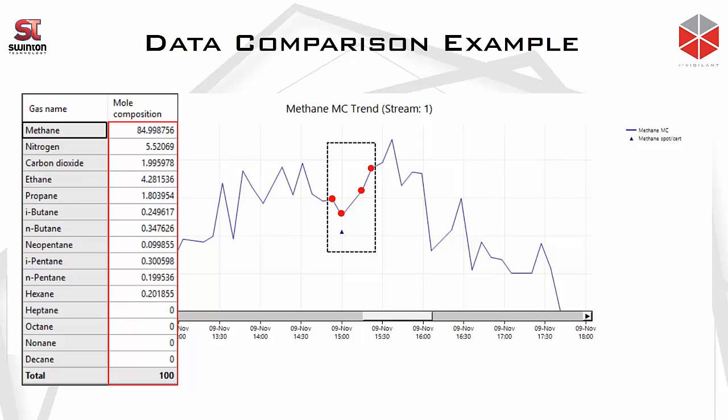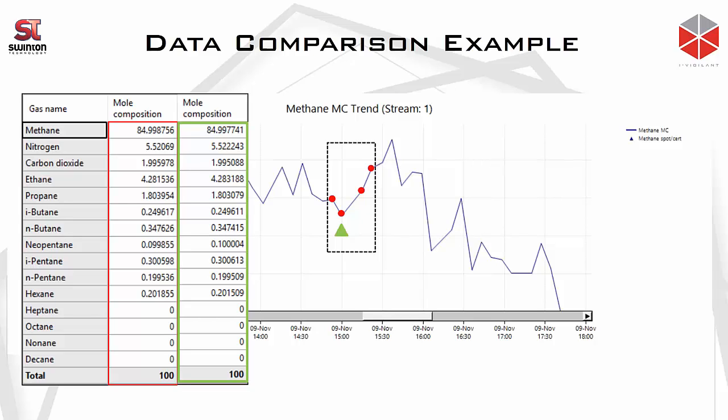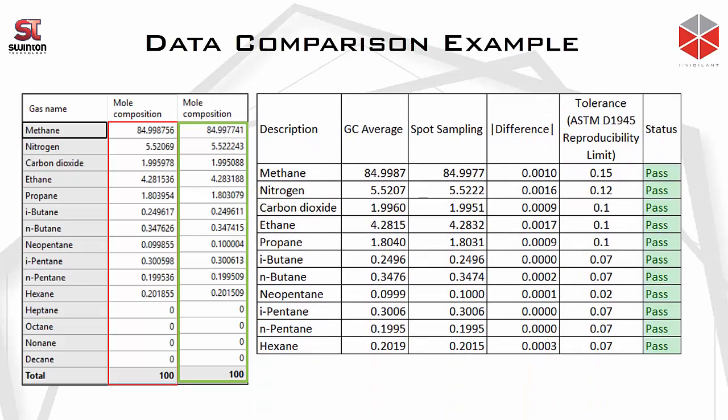So what we get here is the average of those data, and then we get the mole composition, and then what we do is compare it against the mole composition from that particular spot sample. So what we get here is a comparison between the GC average and the spot sample reading. In this particular instance, we got a very, very good data comparison between the spot sample result and the GC result. But this is not always the case.